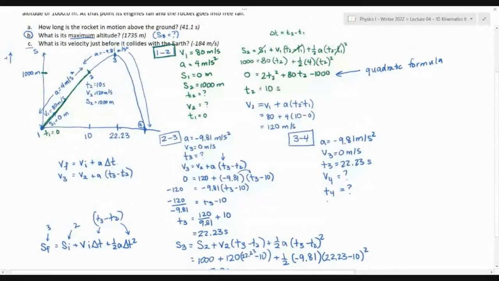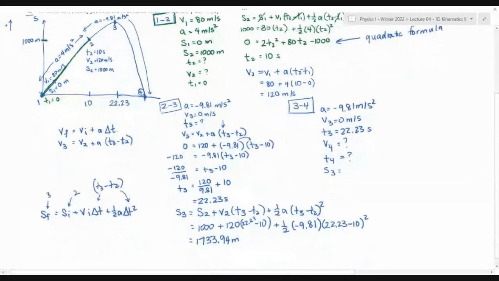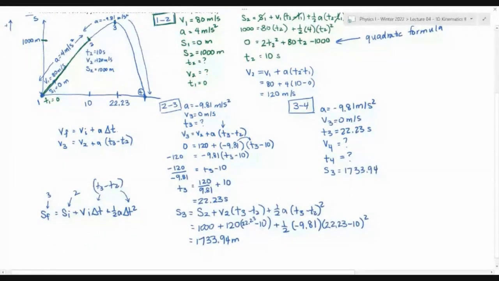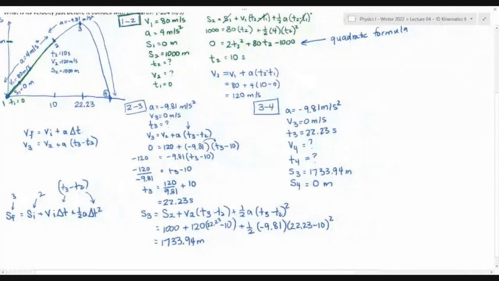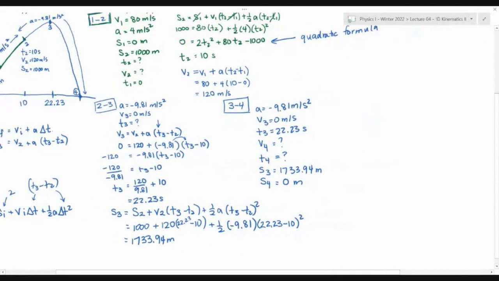And we know what S3 is, which we just found below, 1733.94. And we even know what S4 is because it hit the ground, so it's 0 meters. So now we can use all that information to figure out what V4 is, and what T4 is.